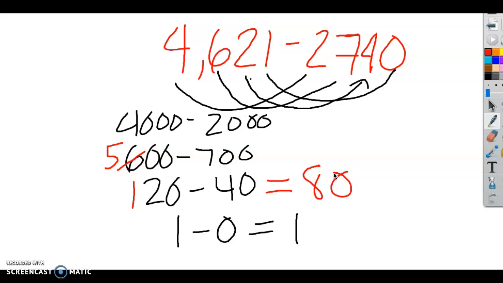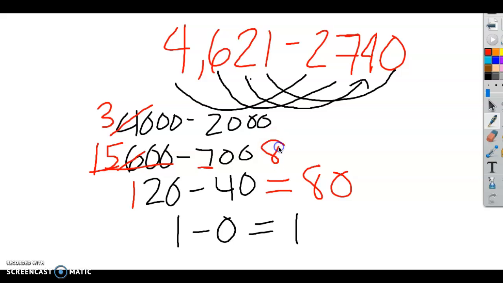All right, so what is 500 minus 700? Can I do that? No, it's too small, right? So I'm going to go up to my thousands. And I'm going to change my 4 to a 3,000 and add a 1. So now I have 1,500 minus, see this is 1,500. 1,500 minus 700. What is 15 minus 7? That's the easy way to solve it.